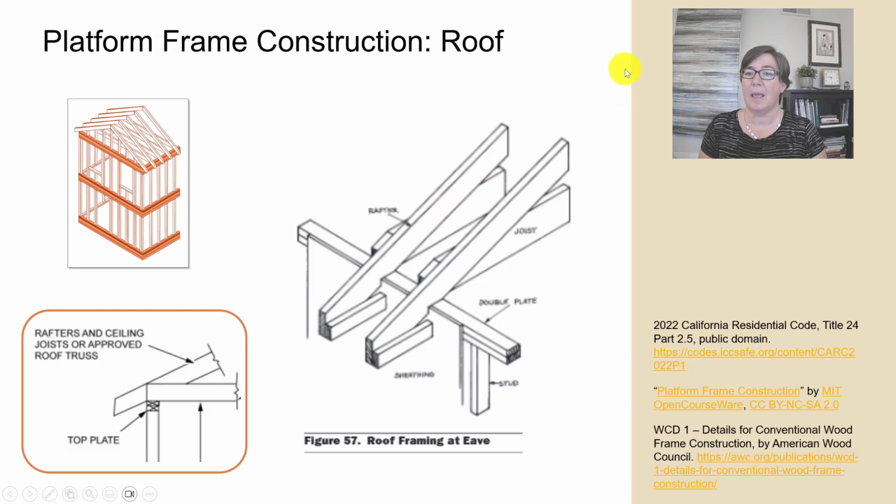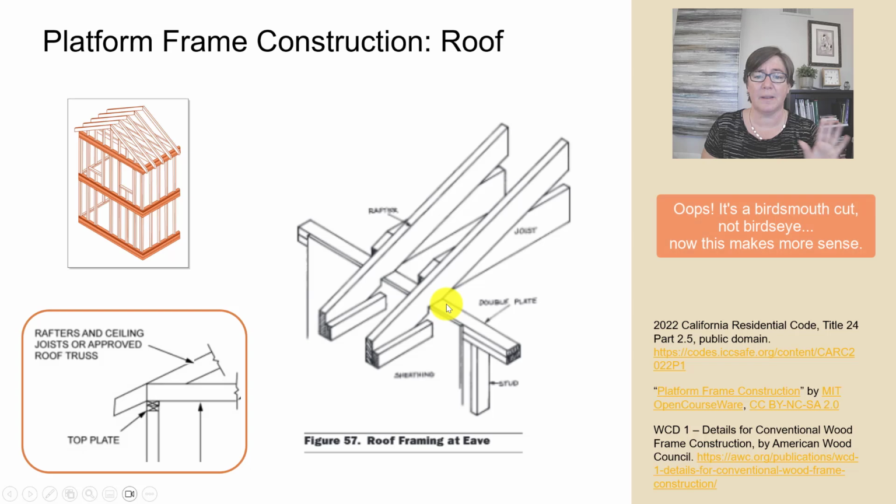Okay. And then the angled rafters will also come in, and they are resting on that double top plate. Notice you have to cut a little notch in the rafters in order to get them to seat onto the flat top of that double top plate. Otherwise it doesn't work. For some reason, the name of that little notch is called a bird's eye.